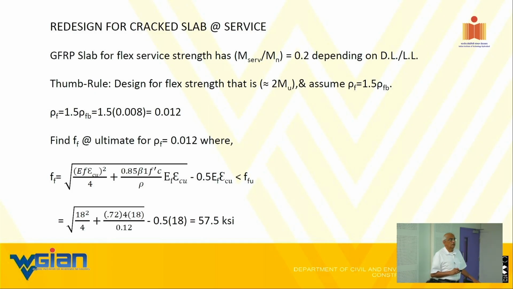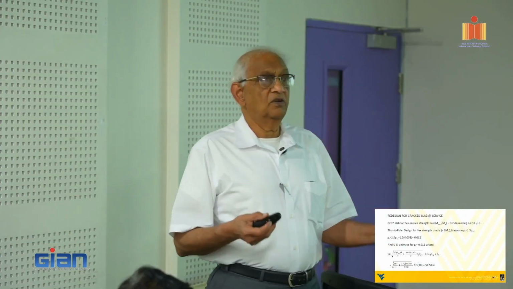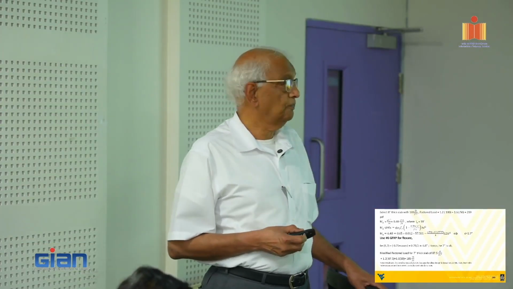So for compression control, we still have a lot of reserve. If it's a compression control, the stress is only 57.5 KSI. It could be 72, you remember that? Yes. So we still have 25% waste. But that's okay.